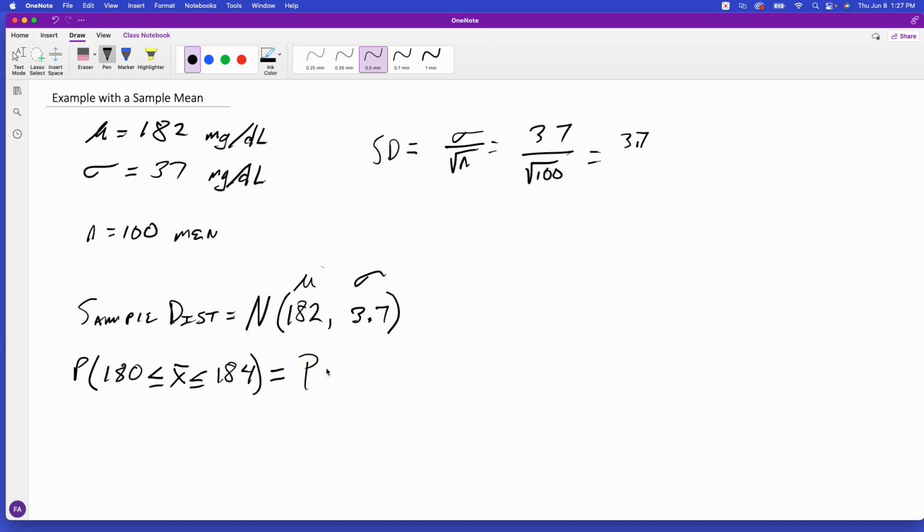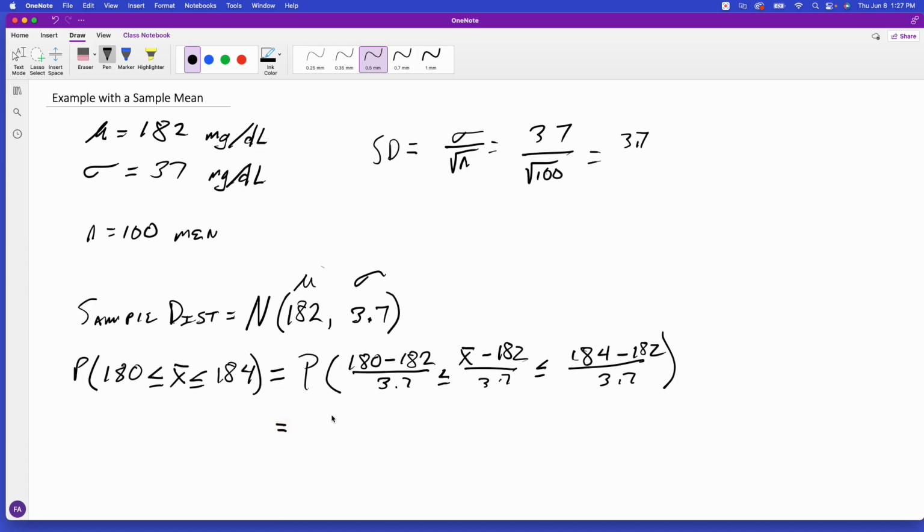So if you remember, what we'd want to do for that is take the random variable minus our mean and then divide by our standard deviation, right? And we do that across the bar. So we'd have x bar minus our mean divided by our standard deviation, and then do the last one: 184 minus 182 divided by 3.7, and we get that.